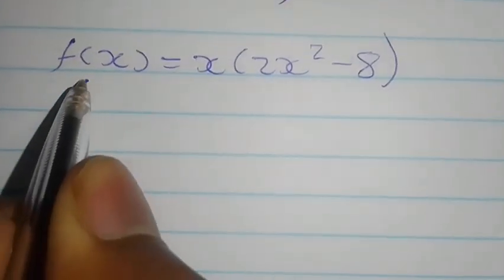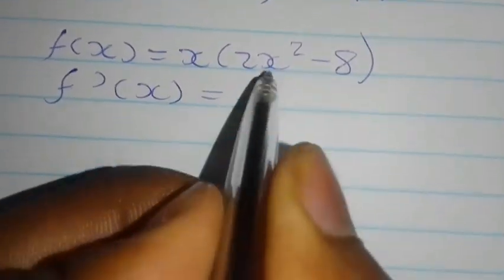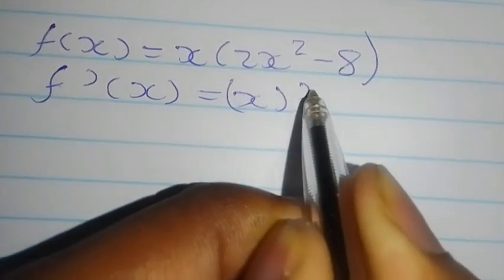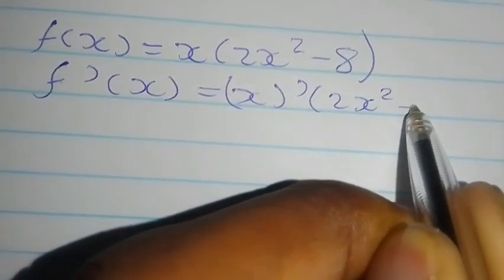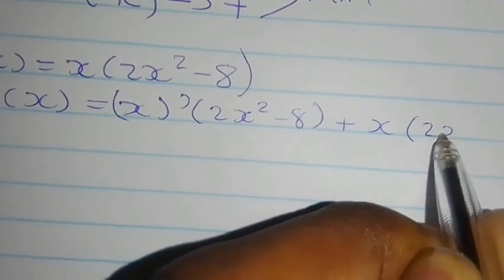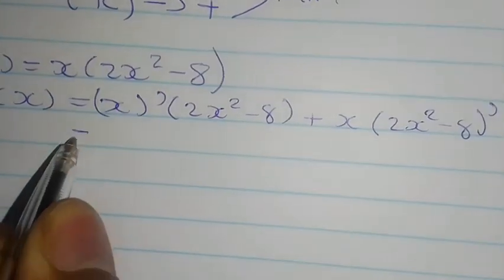Now, the first step you have to do is derive this. So you're going to use the product rule here. The product rule tells you that you derive x, multiply that by 2x squared minus 8, and then you add x times the derivative of 2x squared minus 8.